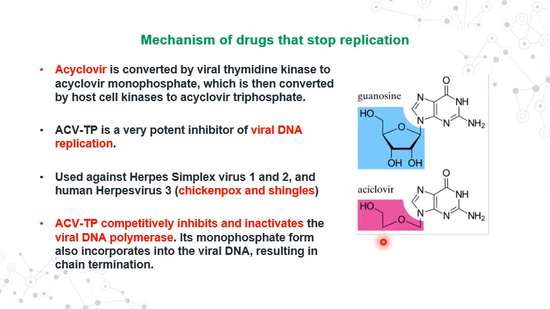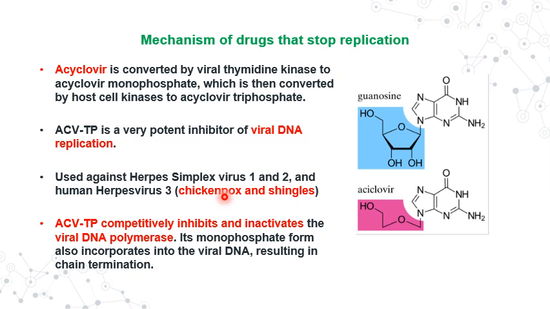But it doesn't have here, see, it doesn't have 3' OH, 5', it doesn't have any of that stuff here. So what happens here, this drug, when you put it in cells that are infected by certain viruses, especially herpes viruses, you can stop the activity of the DNA polymerase of the virus, because this drug is going to bind to the viral DNA polymerase and is going to inactivate the action of that DNA polymerase.